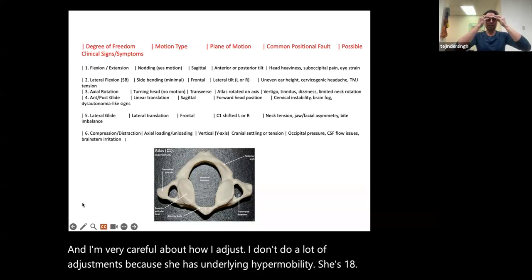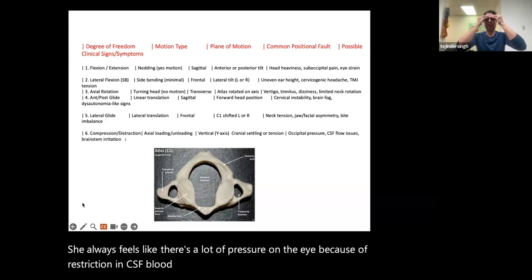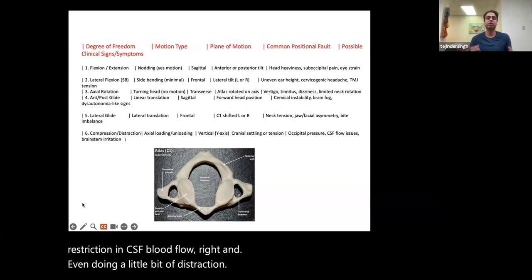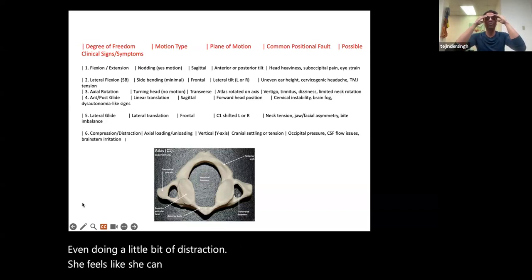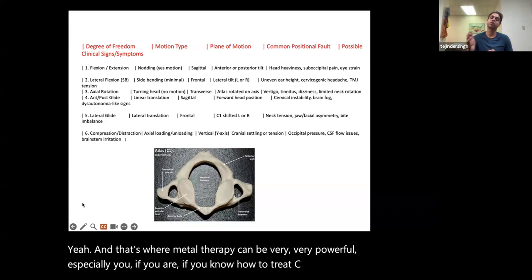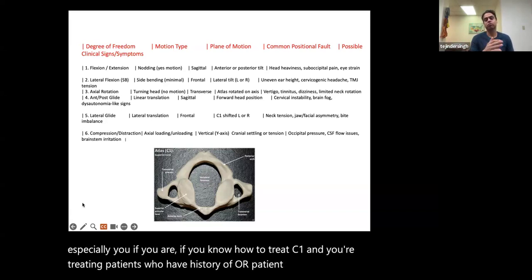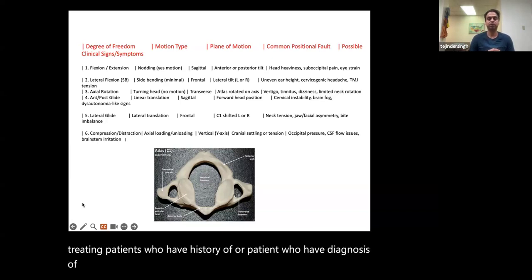She always feels like there's a lot of pressure on the eye because of restriction in CSF blood flow, right? And even doing a little bit of distraction, she feels like she can open her eyes more. And that's where manual therapy can be very, very powerful, especially if you know how to treat C1 and you're treating patients who have history of, or diagnosis of POTS.